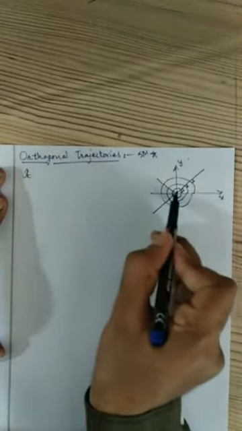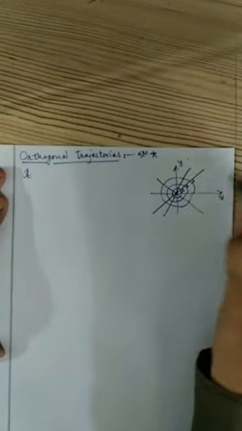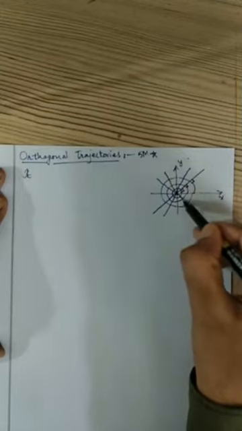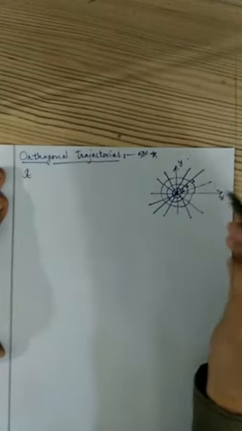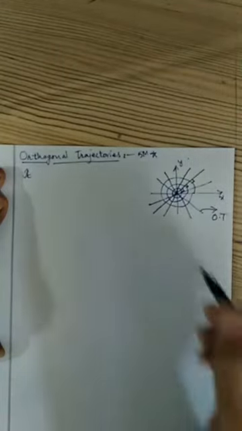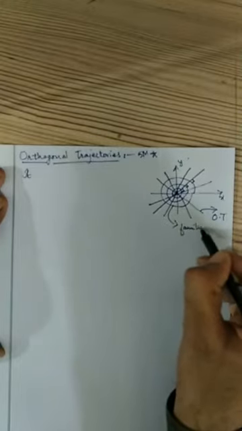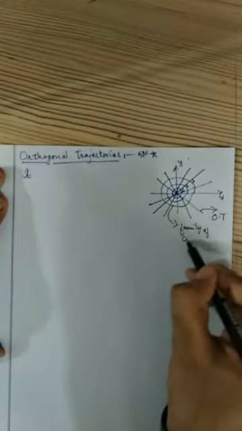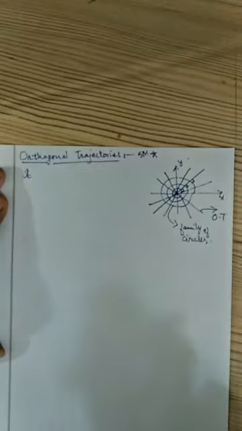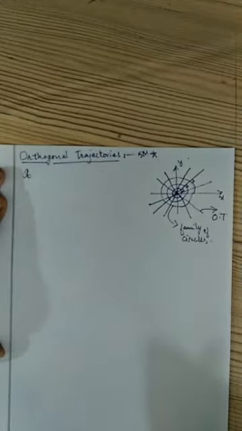So this family of straight lines passing through origin will make the orthogonal trajectories for this given family of circles.